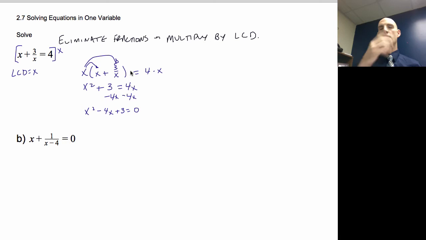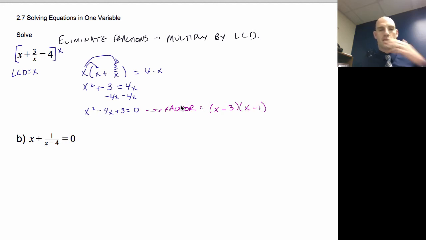Well, this is something that we've done quite a bit, and so if I've got it equal to 0, I can factor, I can use the quadratic formula, any of those options will work. So I am going to factor this because I see that I've got a positive 3, so I need two things that are going to multiply to positive 3 and add to negative 4, so I'm going to factor this as x minus 3 and x minus 1, because negative 3 and negative 1 multiply to 3 and add to negative 4.